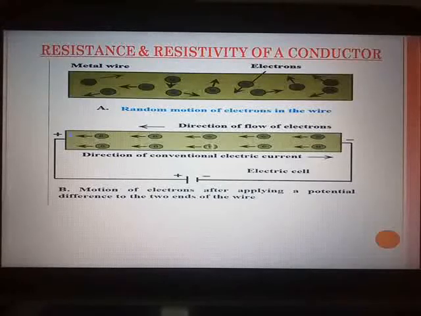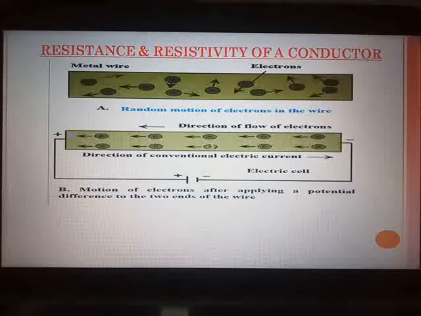So these moving electrons strike the atoms and ions which lie along their path. The electrons, being in a state of random motion, are going to strike other electrons found in their path. Also they are going to strike the atoms or the ions of the atoms which the conductor is made of, and such collisions cause hindrance, some opposition to the free flow of electrons and oppose the free flow of current.